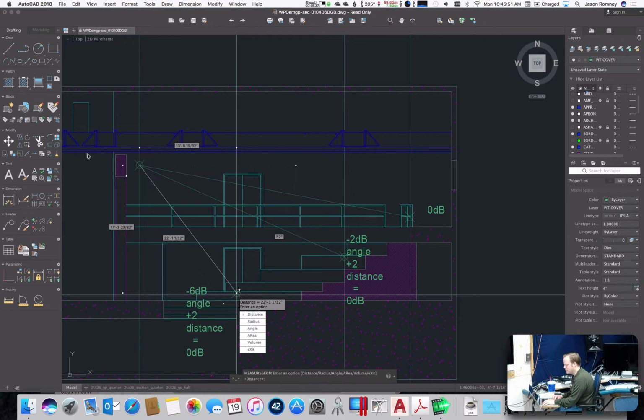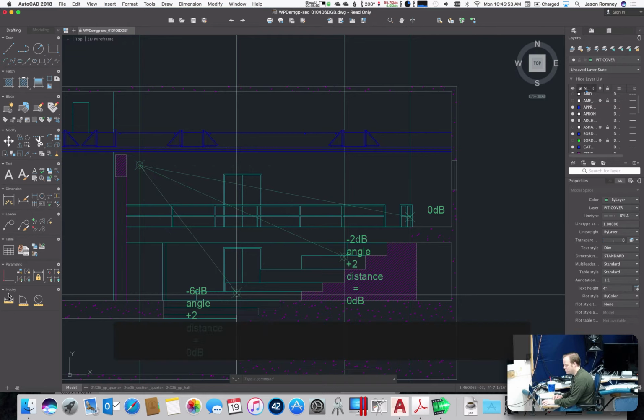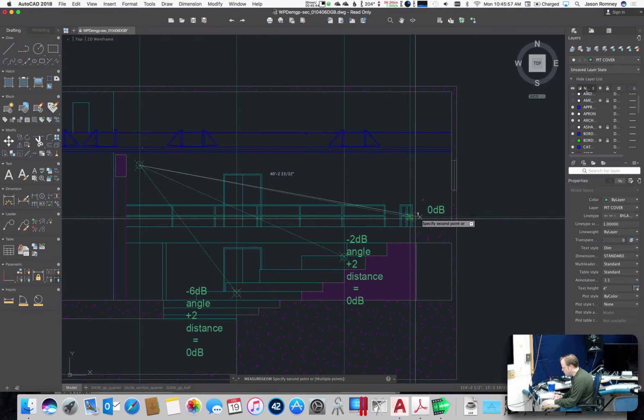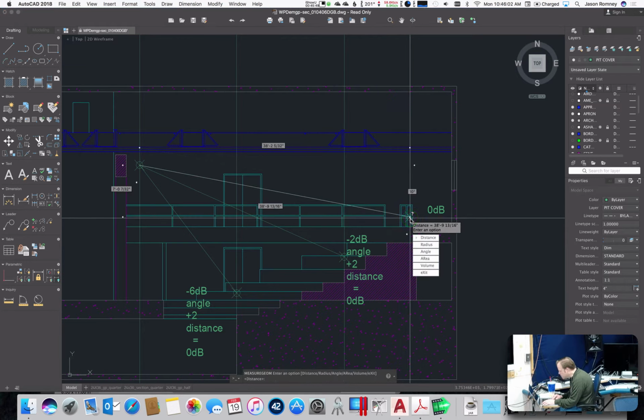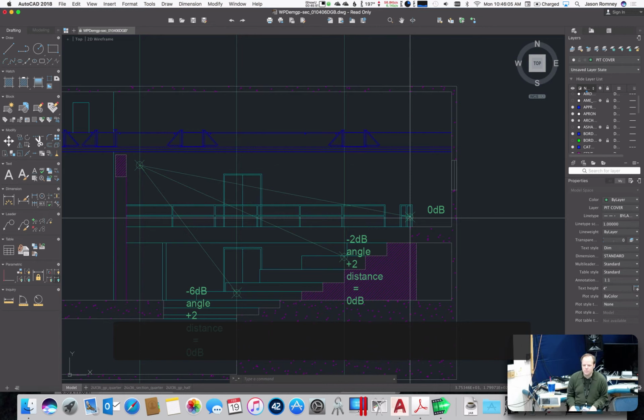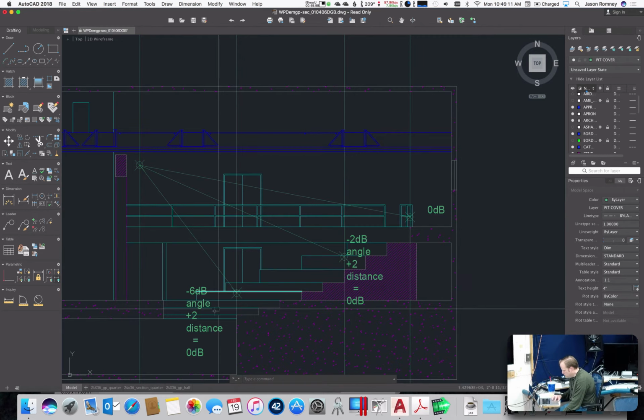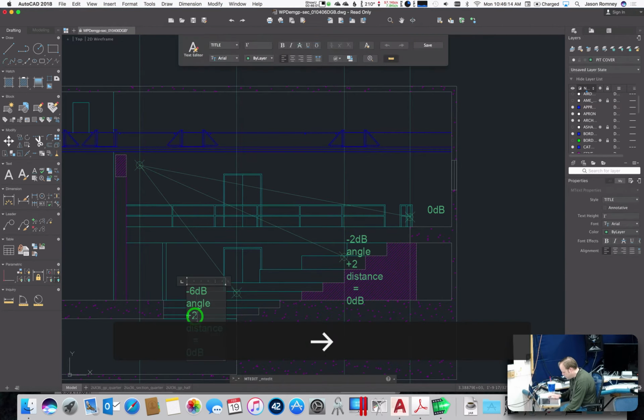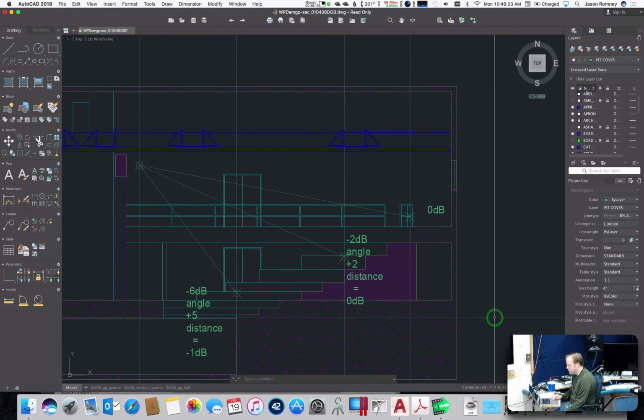Do I need to do it again? 22 feet to the front row and 39 feet to the back row. Now write that down. This is a lot of data we have to keep track of. 5 dB difference. Okay, so it's +5 for distance for a grand total of -1 dB at the front row. It's pretty good so far, yeah? So far, so good.